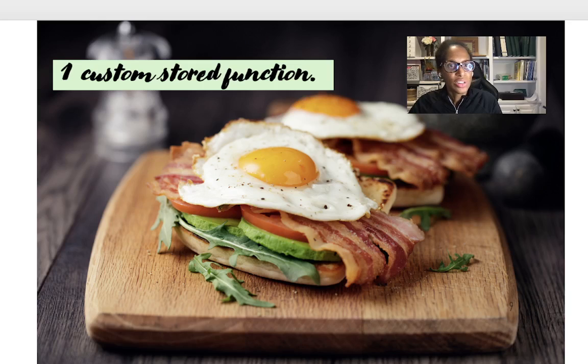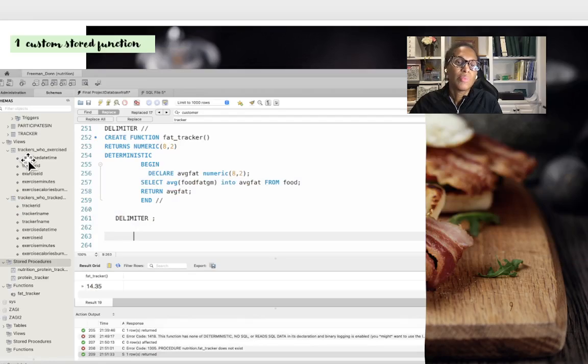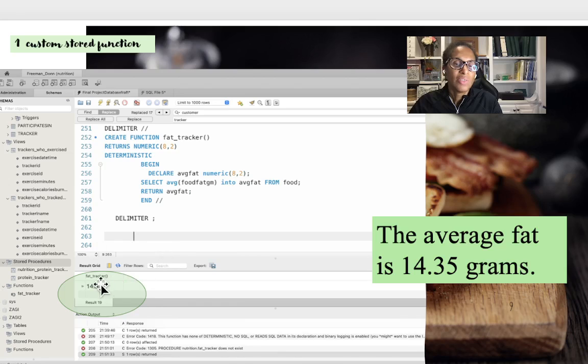We learned about stored functions, and we did a stored function query here. We created a function named fat tracker that identifies the average grams of fat in foods in this food table. You can see the code that we wrote in MySQL for our function, and even the result that the average fat was 14.35 grams.